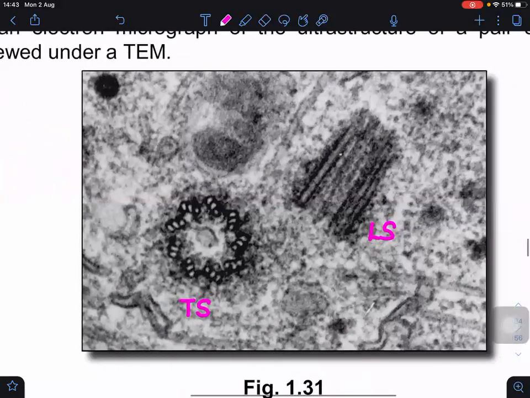So therefore, how to identify? First, you want to identify whether they are centrioles or not. You look at this. They must be perpendicular to each other, so it means one round, one rod. And then we have the 9 triplets and a hollow center. So this must be the centriole.